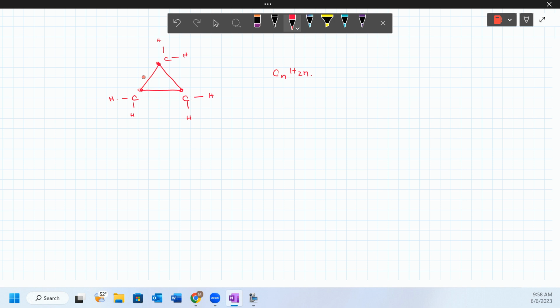The way that we name something that is in a circle is by adding the word cyclo. So in this case it will be just cyclo, meaning that it is in a circle. And then since we have three carbons, what is the root for 3?